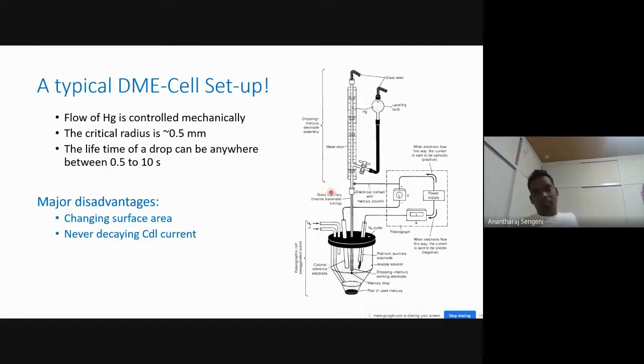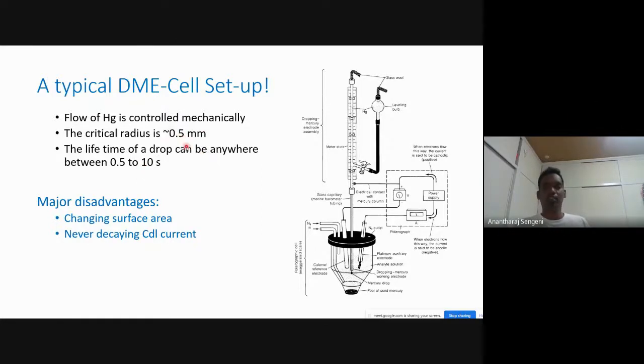But even if you set a very low flow rate, you can extend maximum up to 10 seconds, because beyond that, even if you reduce the flow rate, the flow will stop, and you will have a static mercury drop electrode or hanging mercury drop electrode, not the dropping mercury electrode. So this is one of the main limitations we have with the dropping mercury electrode.